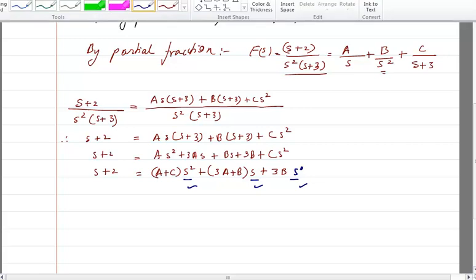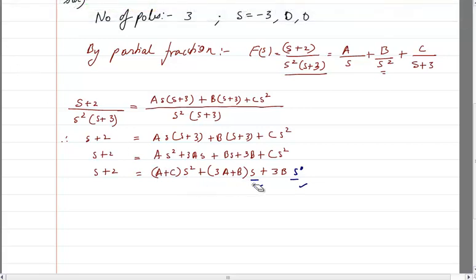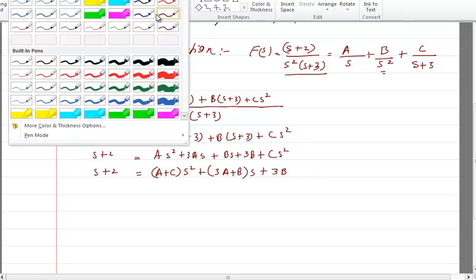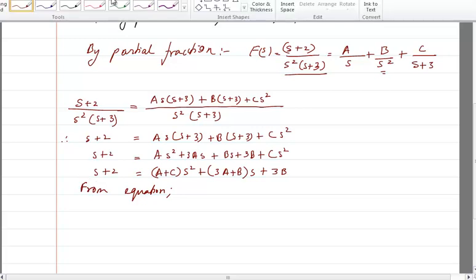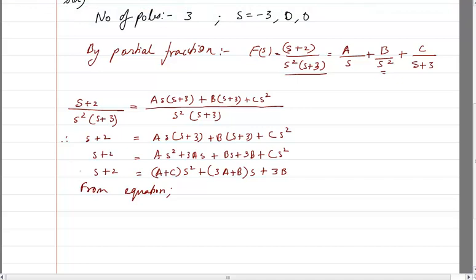Okay, once we do that, now I can say by looking at the equation, see the power of s square, is there any power of s square here? No, but I can see that here I can write s square into 0.